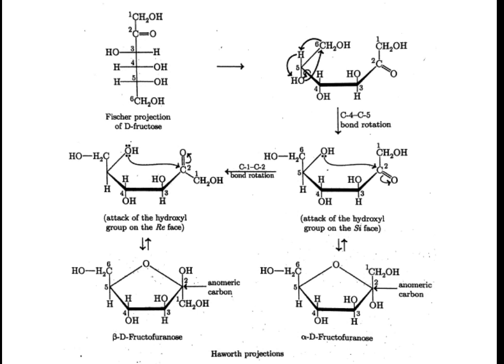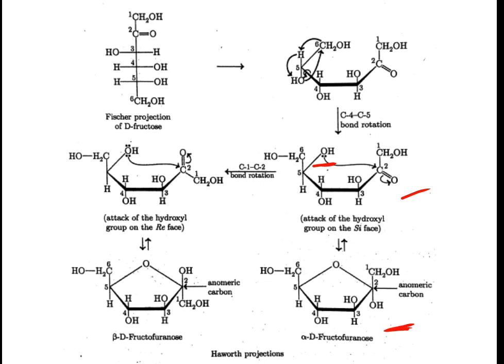In case of D-fructose, the same thing happens. Take the Fischer projection of D-fructose, make a structure like this, and now take a cyclic permutation. After that, if this OH attacks this carbonyl group, you will get this structure, which is the alpha-D-fructofuranose.